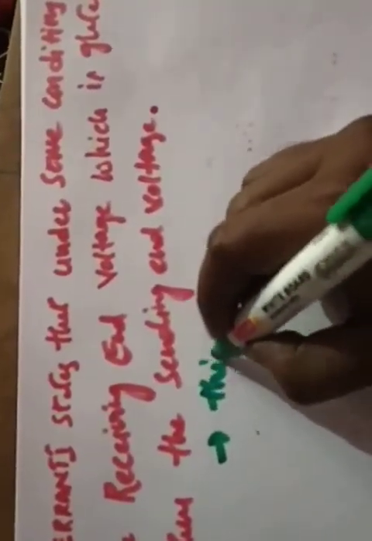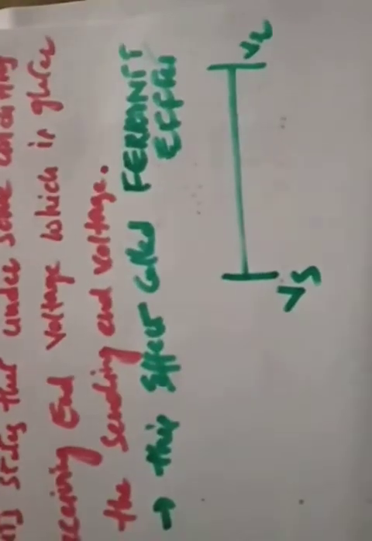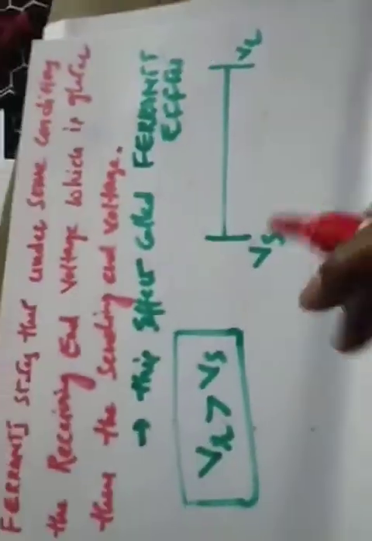This effect we call the Ferranti effect. This is the sending end voltage, and this is the receiving end voltage. The statement is that the receiving end voltage is greater than the sending end voltage, and this scenario we call the Ferranti effect.